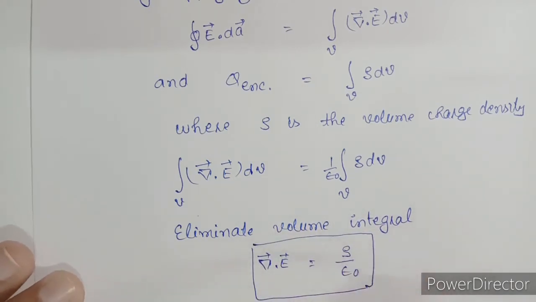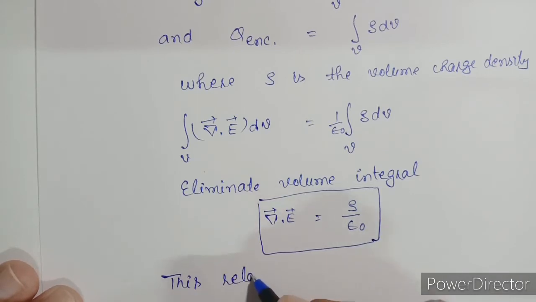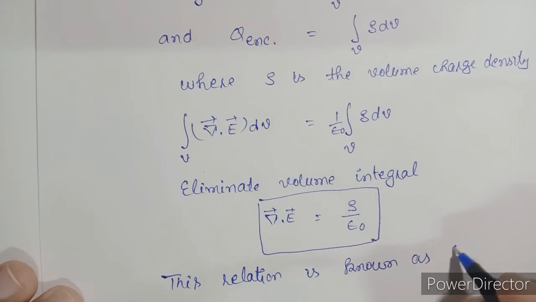So here the divergence of electric field is equal to rho over epsilon naught. This relation is known as Gauss law in differential form.